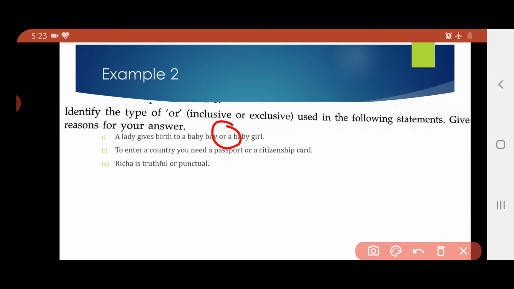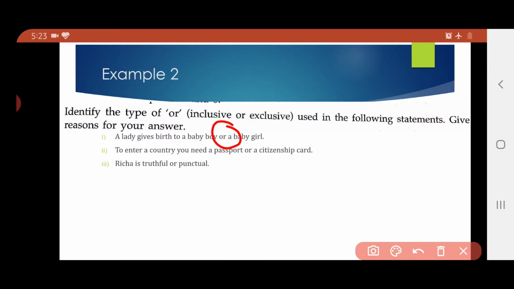Now to be politically correct, we also have a third gender, but just for the sake of the problem and sake of duality, considering that only a boy or a girl can be a thing, then given all these assumptions, this is definitely exclusive, right?